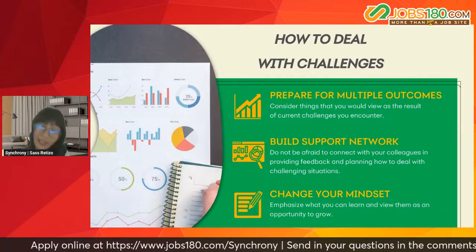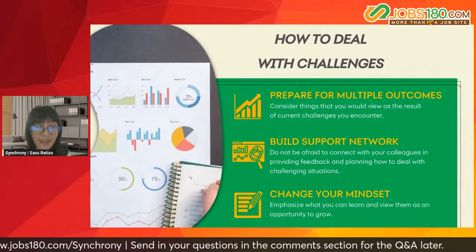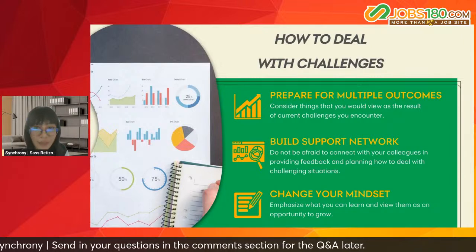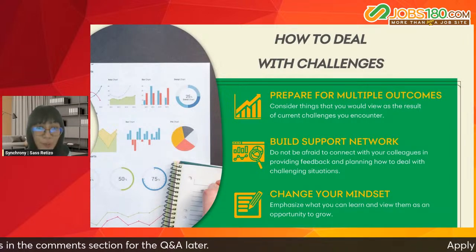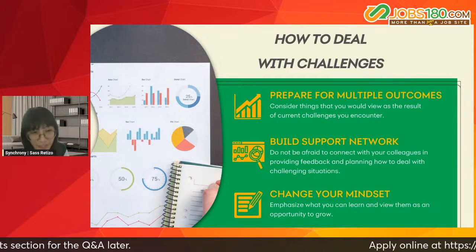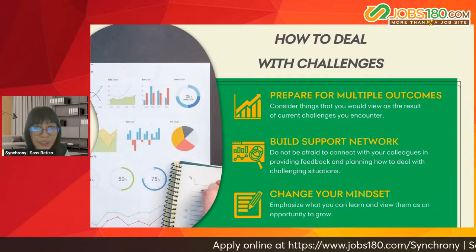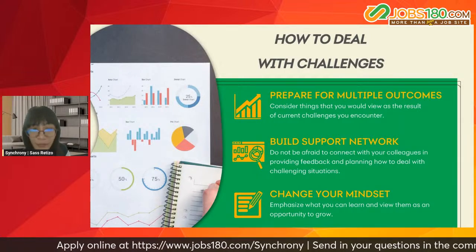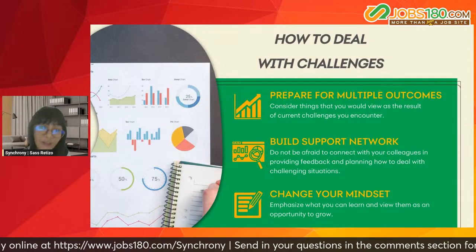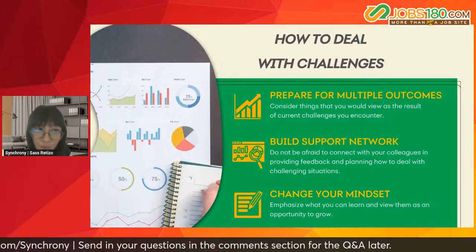Okay, and as mentioned also, an importance of being resilient is the relationship. So how to be resilient again? Build a support network. Do not be afraid to connect with your colleagues. Okay, because for example, your goals in the company change. Providing feedback and planning how to deal is important, and one of the things that resilient people do.